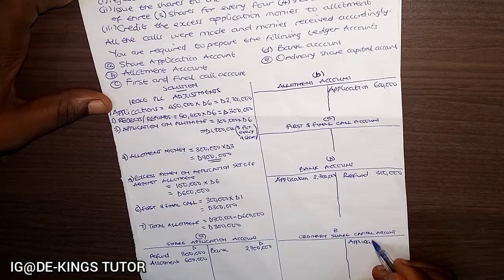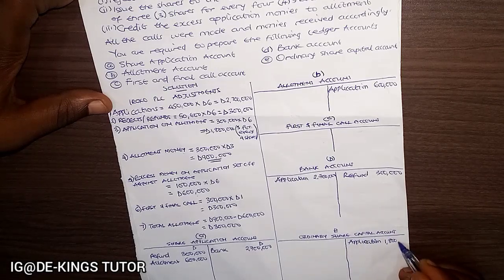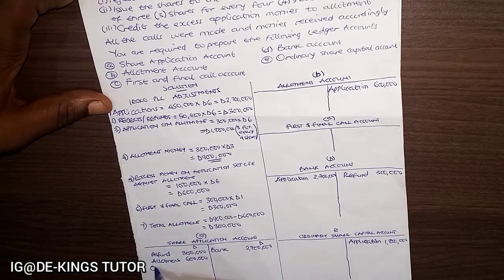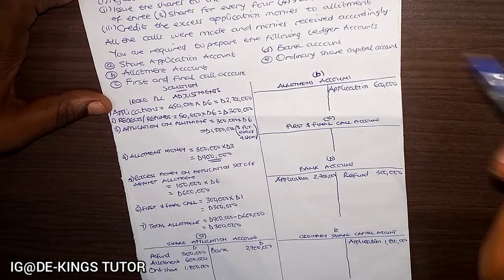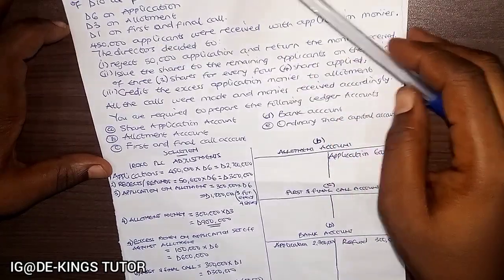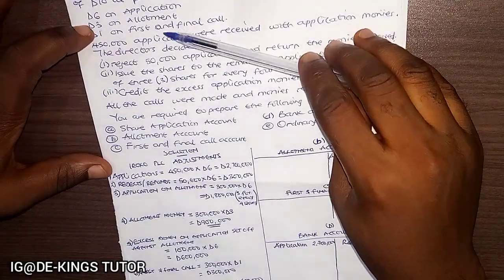We allot the shares that they paid for on the application, 1,800,000. So it will come here as ordinary share capital 1,800,000.